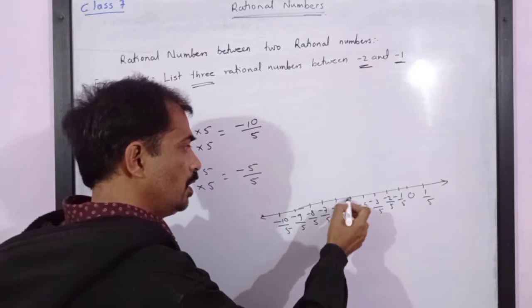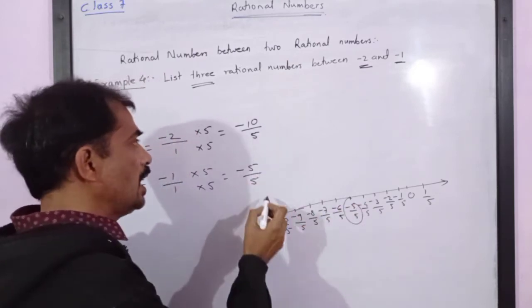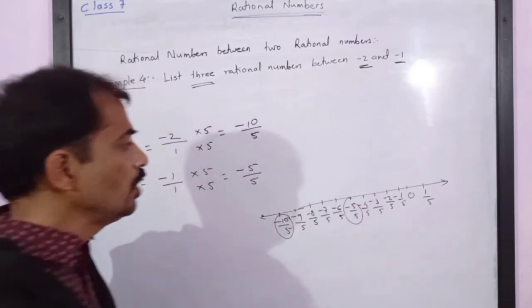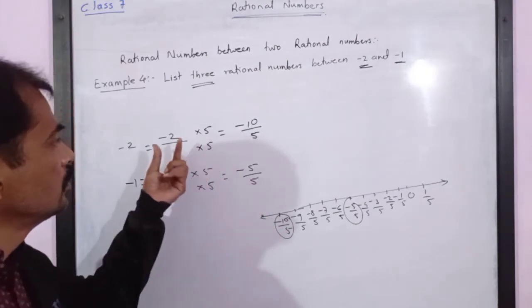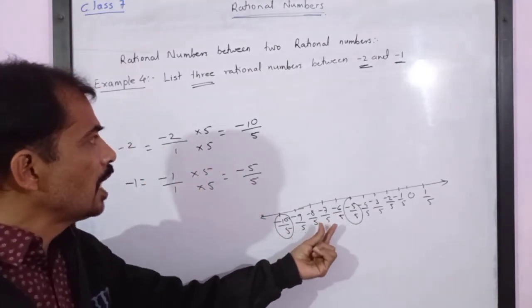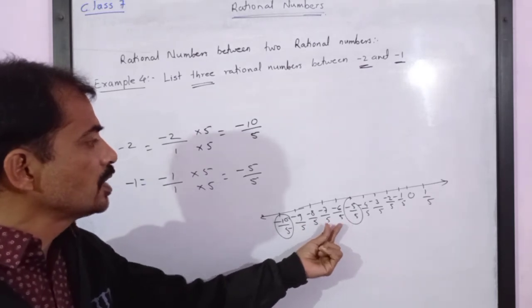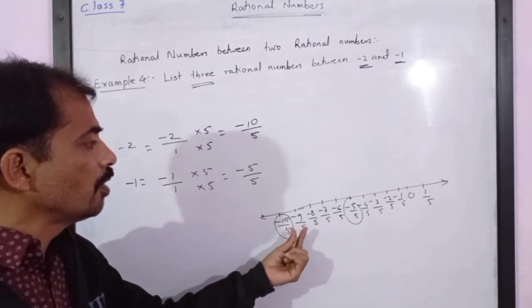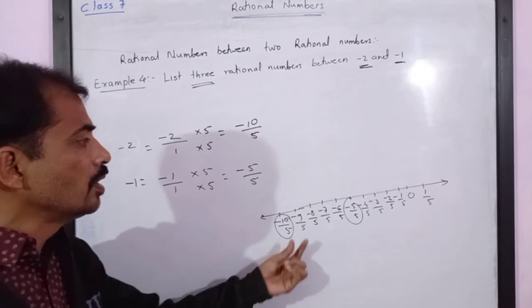It means between -5 upon 5 and -10 upon 5, we have got four rational numbers. They are -6 upon 5, -7 upon 5, -8 upon 5, and -9 upon 5.